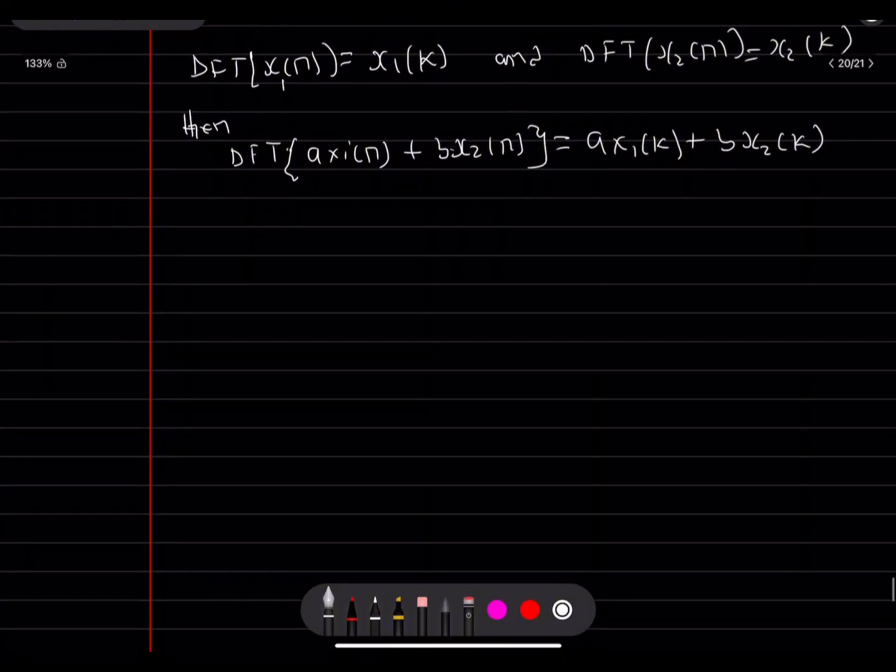So let's look at the second property, which is the periodicity property.